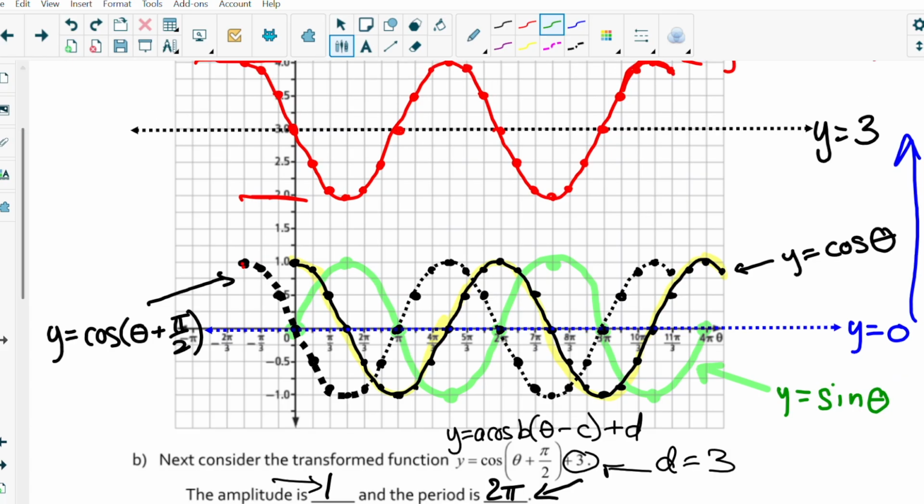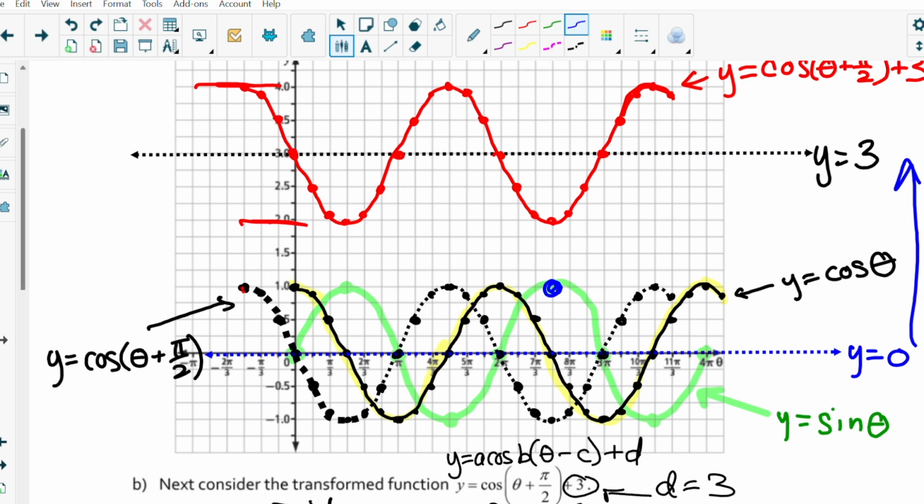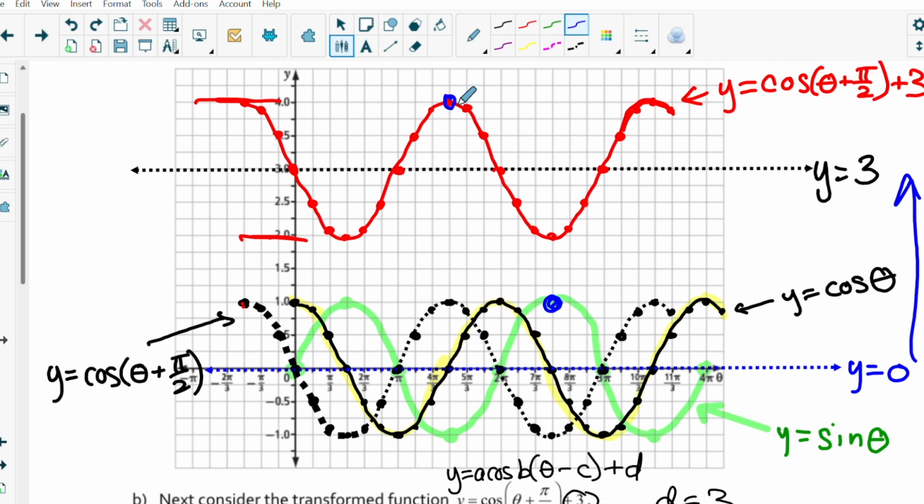Okay, so how do I get that green graph to match the red graph? Well, let's take a look at this, folks. Let me just look at this point right here. How do I get that maximum to line up with this maximum? How many units do I have to go to the left? So from this distance, what is this distance?